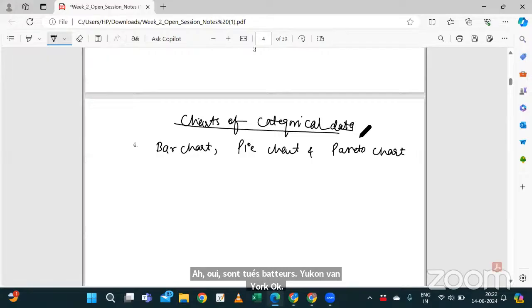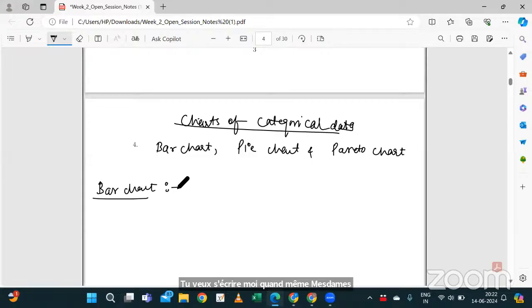Basically, let me write the definition as well. I will try to write it in short form. For example, I will use the bar chart when I am interested in comparing things between different groups, or counting between different groups.